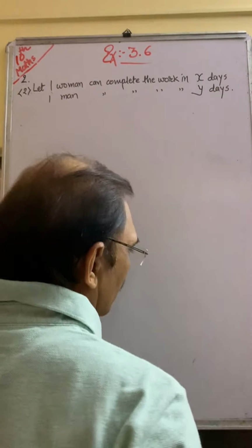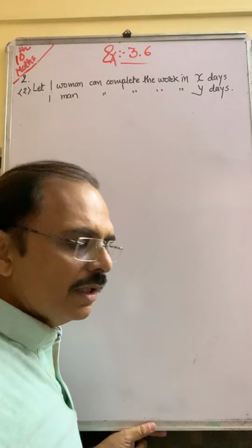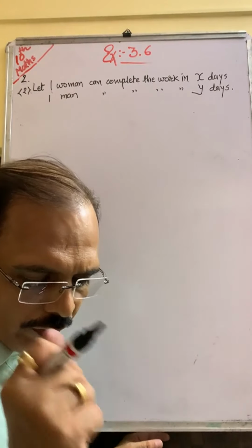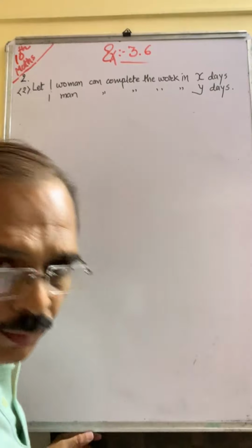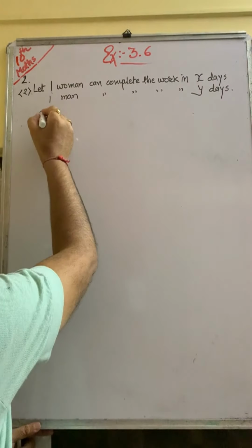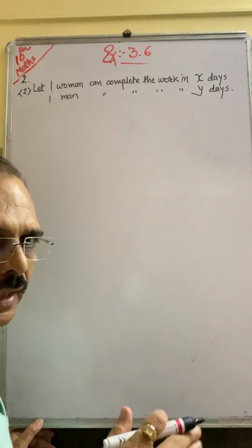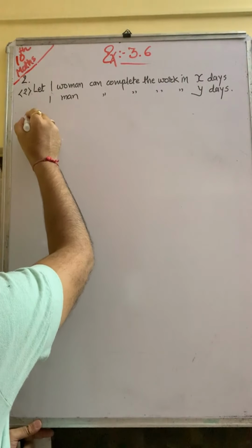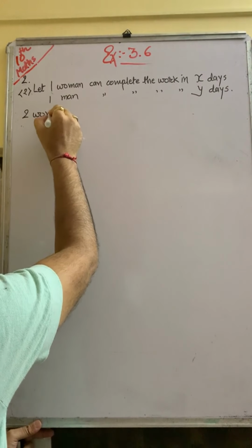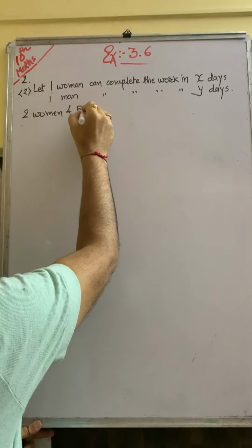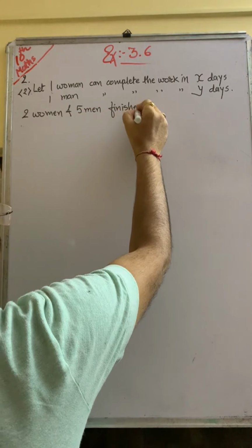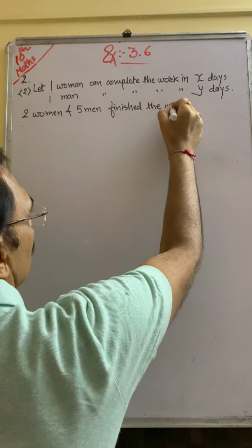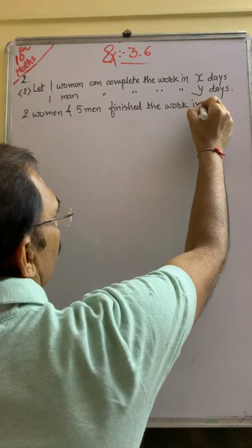Now here it is given that to finish the embroidery work, if 2 women and 5 men work together, it completes in 4 days. So work and time are reciprocal. So 2 women and 5 men finish the work in 4 days.